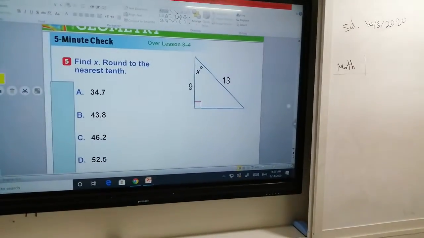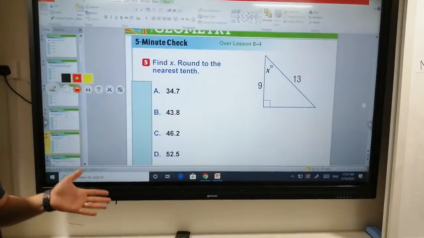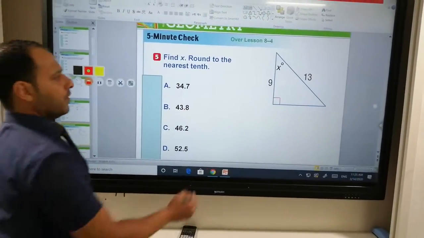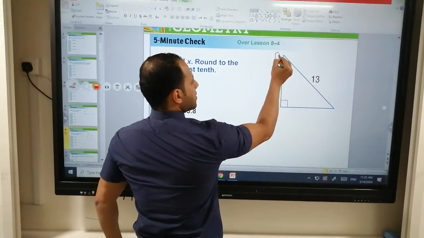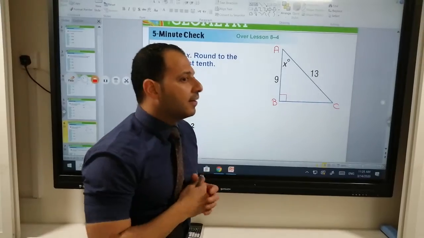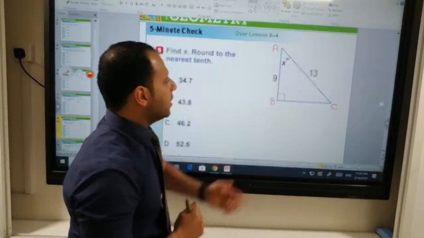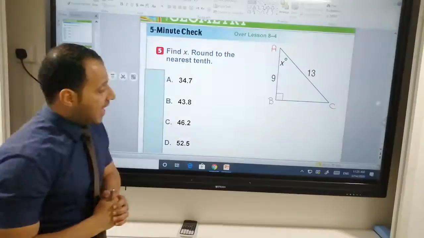I need to find the value of x. X here represents an angle. There is no problem. I need the triangle at the beginning. This is A, this is B, this is C. This triangle is right angled at B.